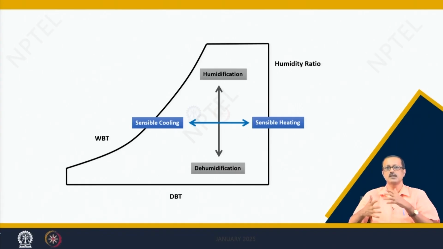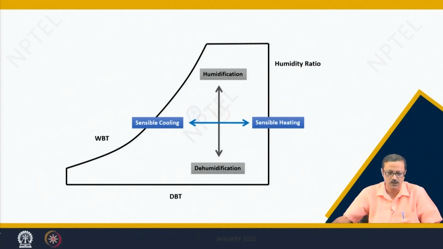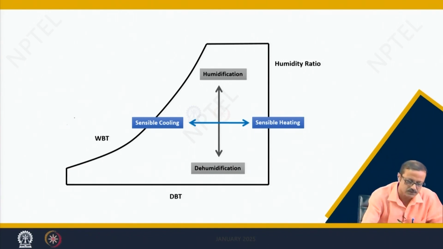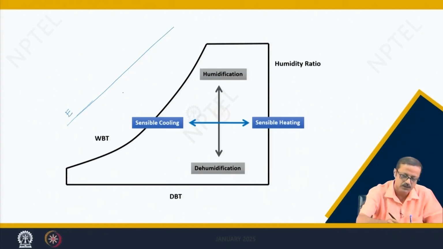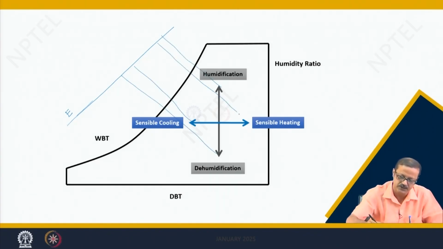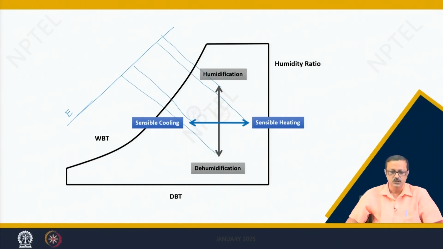This removal and addition of latent heat will also take some energy, because as we all know, this particular axis is the axis of enthalpy, the energy axis. So any change from here to here, or from here to here, will have some change of energy.